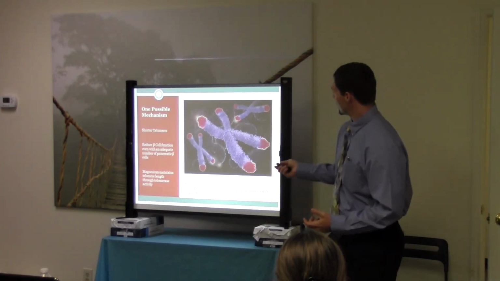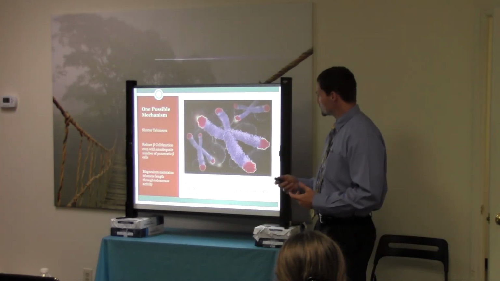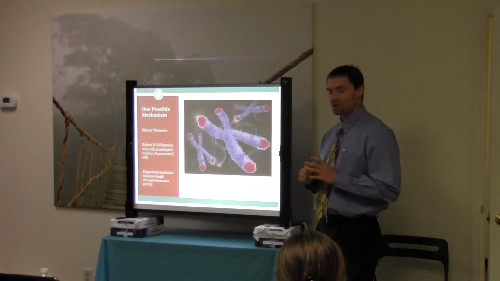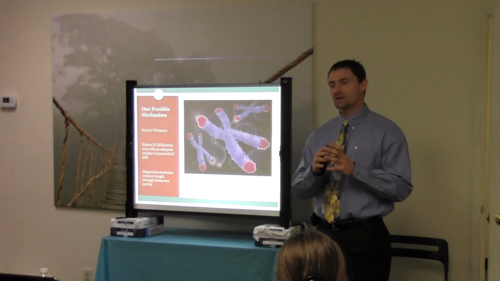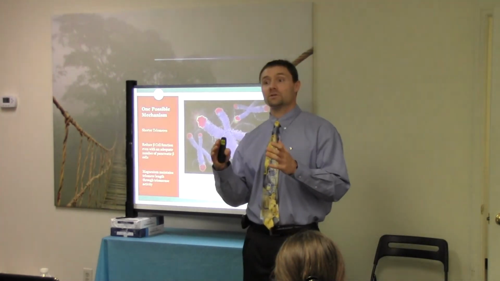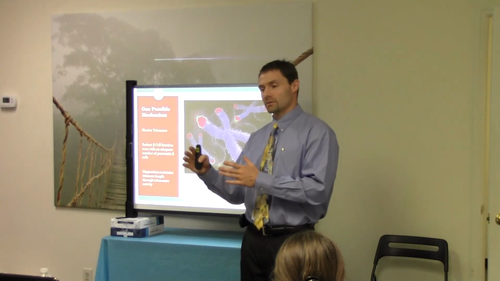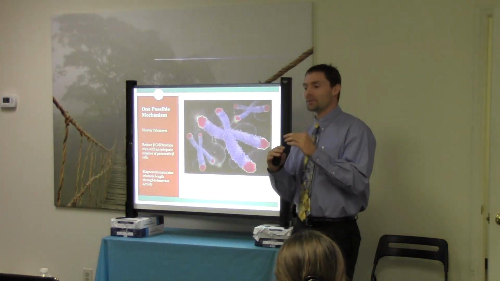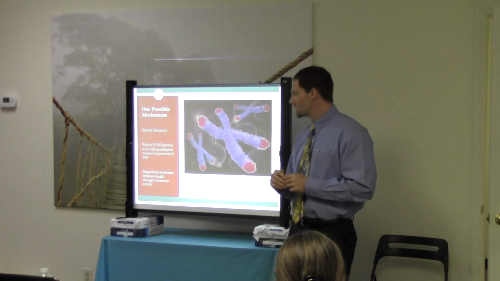So here's what magnesium has to do. These caps on the end of the chromosomes, those are your telomeres. And what we know about these is that there's an enzyme called telomerase. Telomerase is what keeps these telomeres as long as possible. And again, longer is better. This is where we are able to correlate biological age versus chronological age.